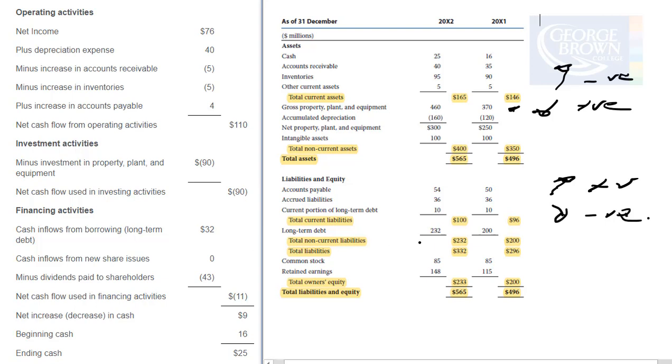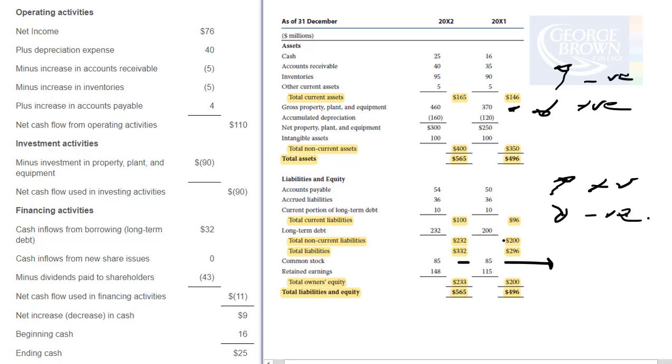Next is cash from financing. So we're going to be looking down here at our long-term debt and equity section. And the first thing that we'll do, just to make it really easy, is we can see that there was no cash from shares. So the cash inflows from new shares is 0. There is no new shares being sold, okay?